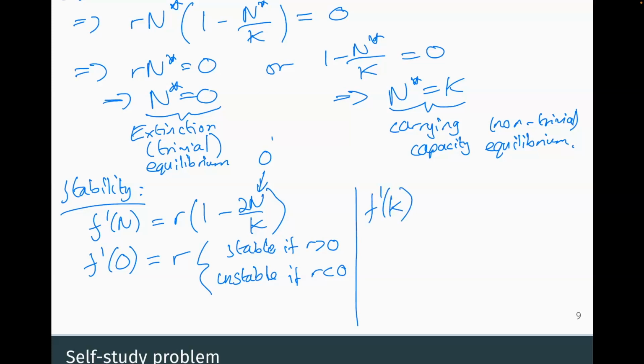How about at the carrying capacity? Now we're going to have r times 1 minus 2k over k. So the k's will cancel. You have 1 minus 2 in the brackets, so that's going to be minus 1. So we just end up with minus r.